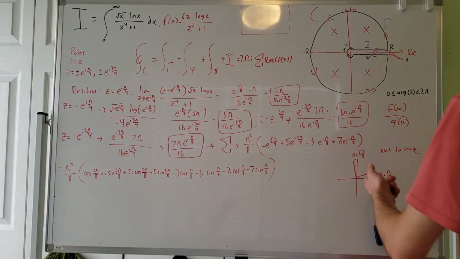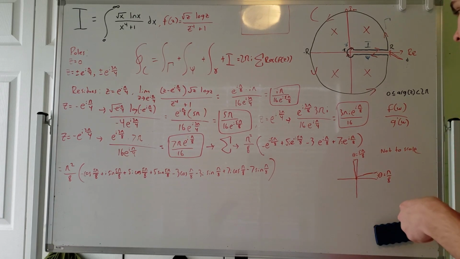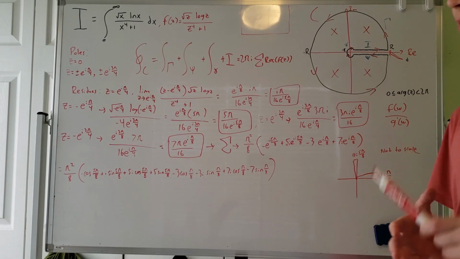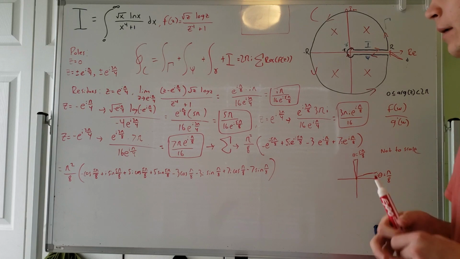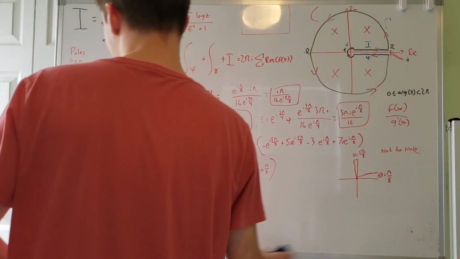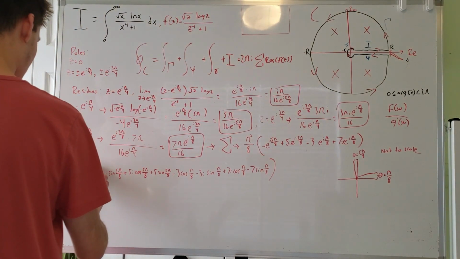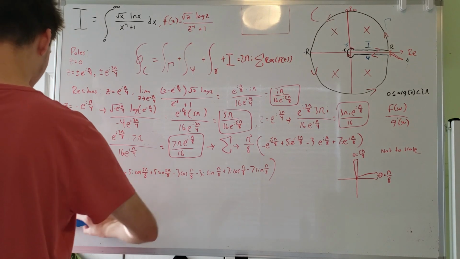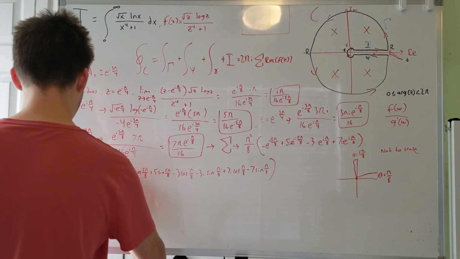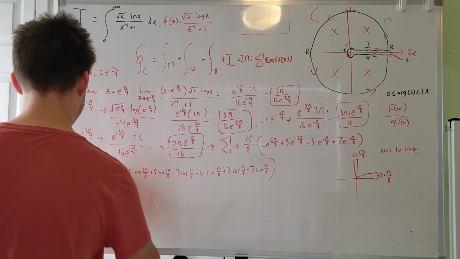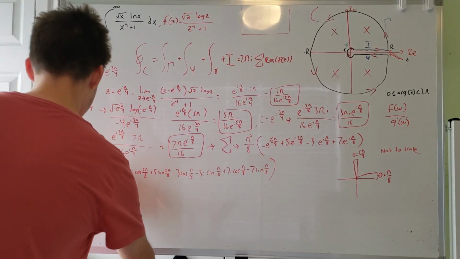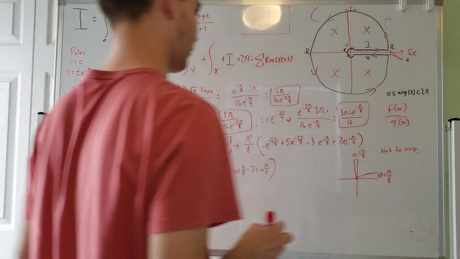But we have to keep in mind we're in quadrant 2, so cosine is negative. So that means cosine of 5 pi over 8 is actually negative sine pi over 8. But we have a negative here, which will get rid of the other negative from the transformation. Okay, so now we have sine 5 pi over 8.